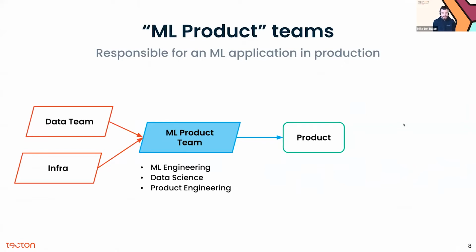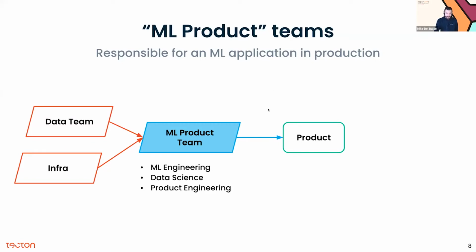These teams tend to have every type of team member in the same team: the ML engineers, the data scientists, product engineers. They're reusing whatever is provided to them by the data team and the infrastructure team, so datasets and different tools the infra team provides, but they're ultimately delivering their recommendations to a product. So this is a use case team.